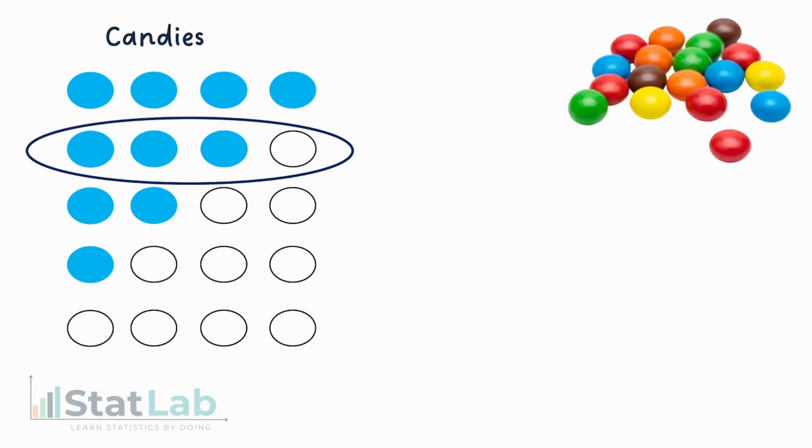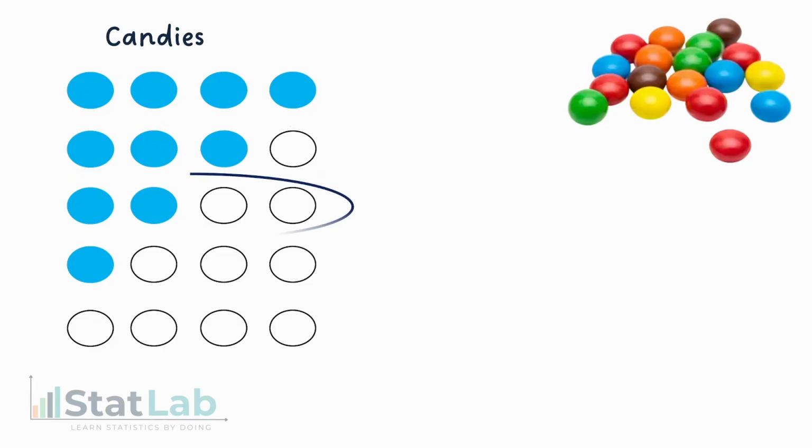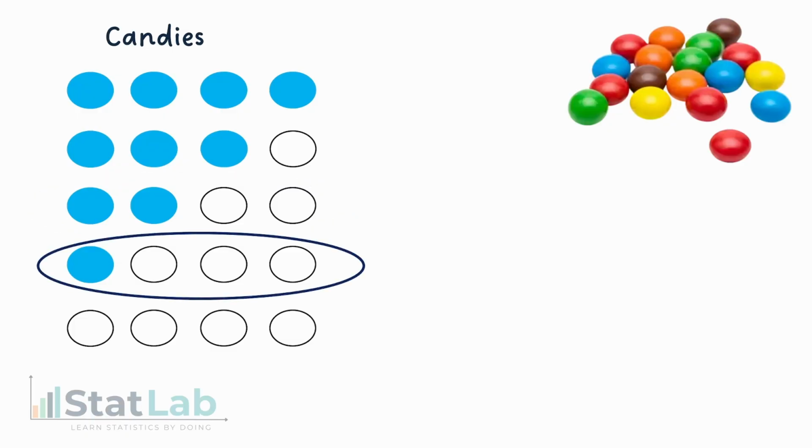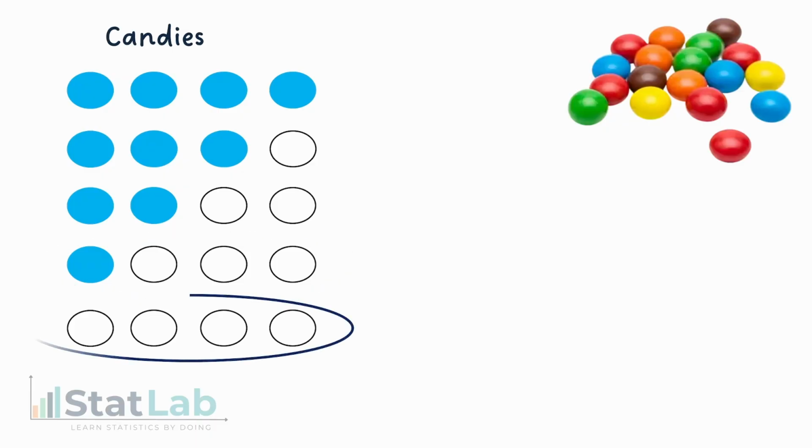Like I said, it doesn't matter what the other color is. The only thing that matters is that 3 of them are blue. The next option is that I have 2 that are blue and 2 that are something else. And then of course, I have the option of 1 being blue and 3 being something else. And finally, I have the option of none being blue.